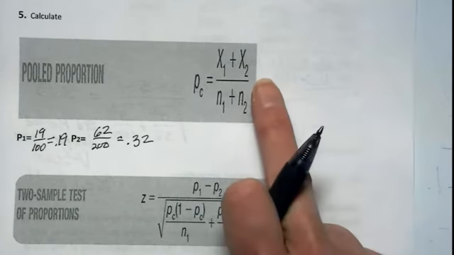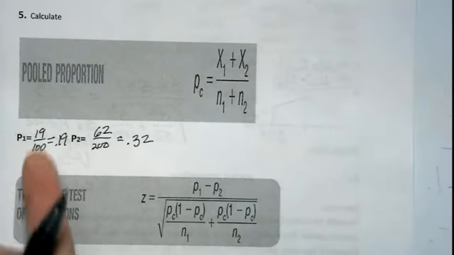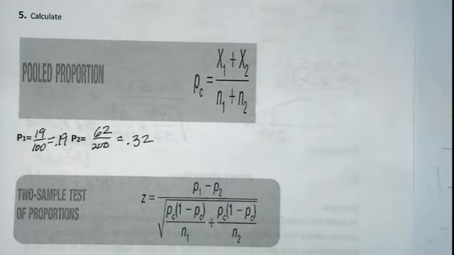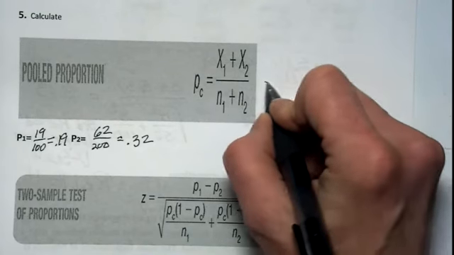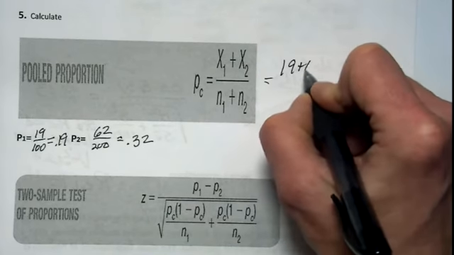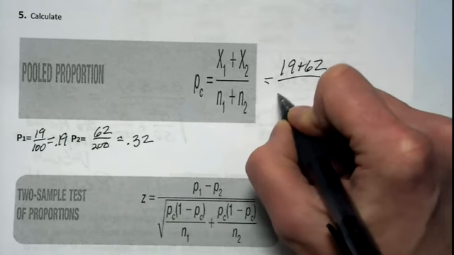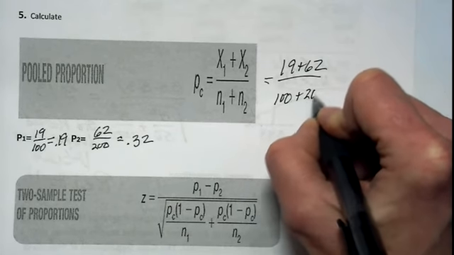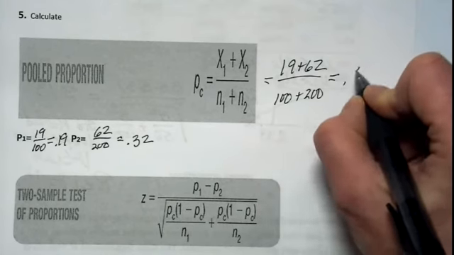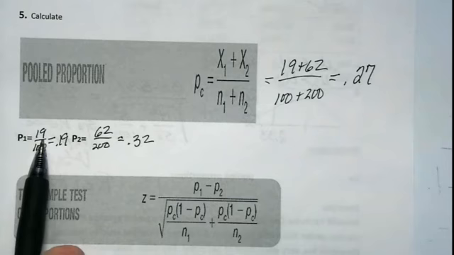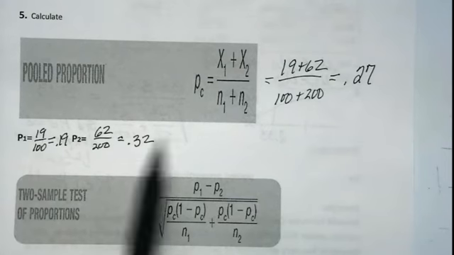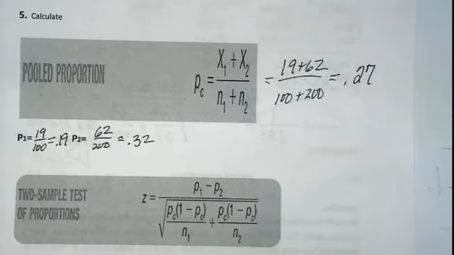The first calculation, since we're dealing with two population percents, is to calculate a pooled percent. And that is just the 19 plus 62, the total overall, over 100 plus 200. So 27% total people like the smell of this perfume. So we calculated the individual percents of the age groups and the total percent that liked it.